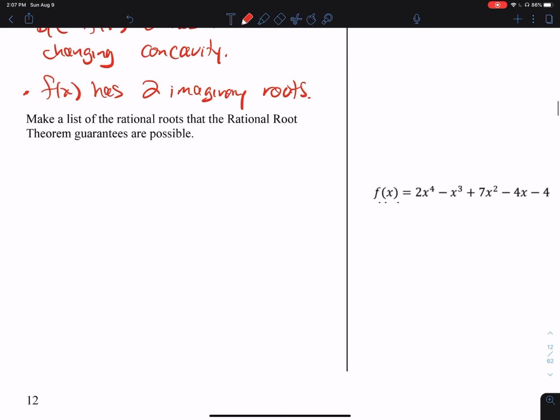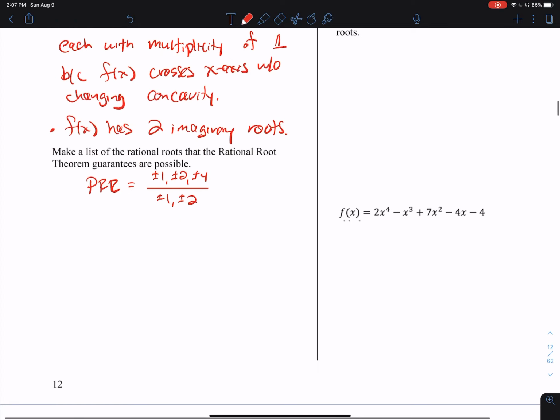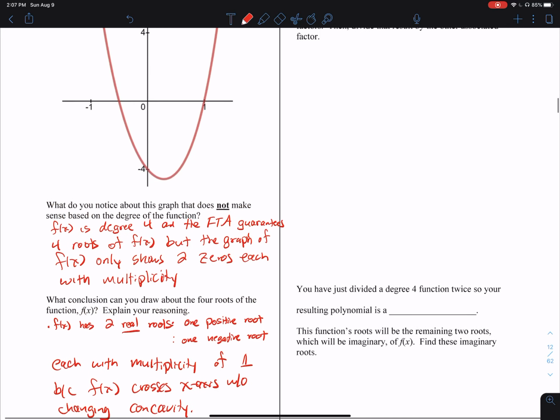All right, so the possible rational roots: factors of -4 are plus or minus 1, plus or minus 2, plus or minus 4. Factors of 2 are plus or minus 1, plus or minus 2. So any combination of those.